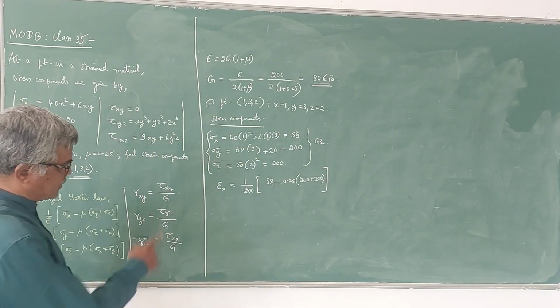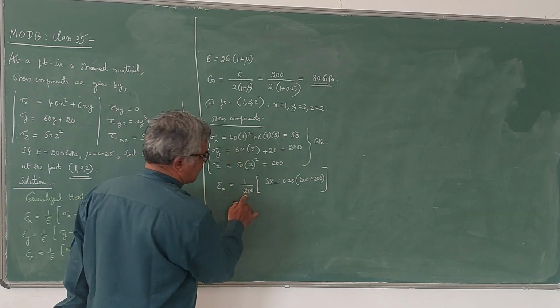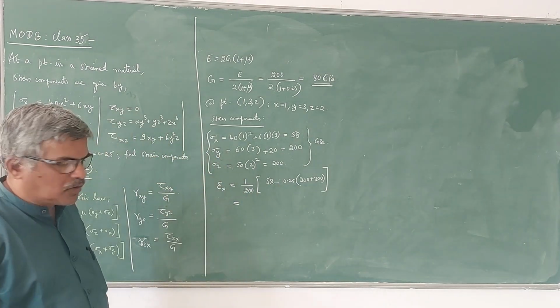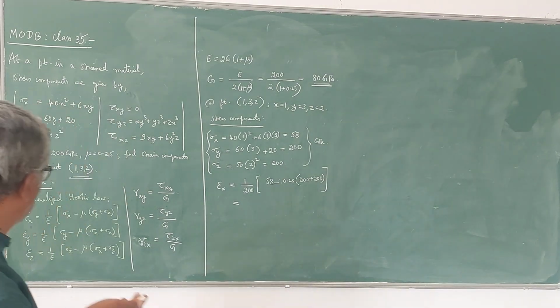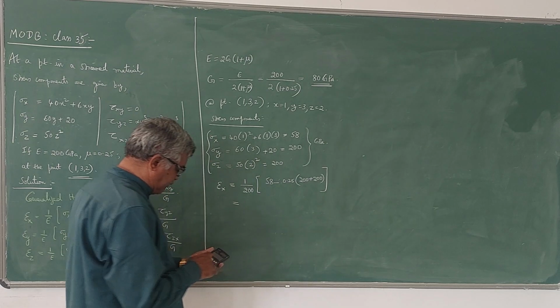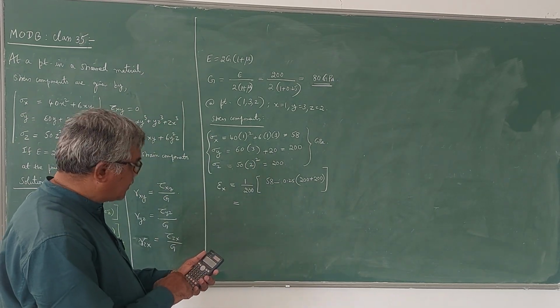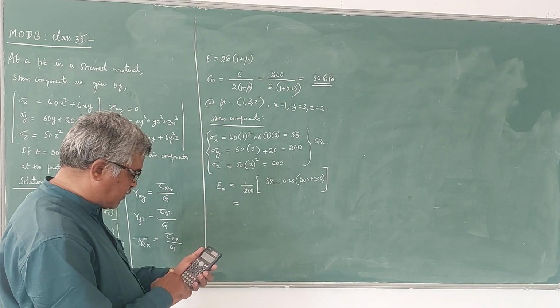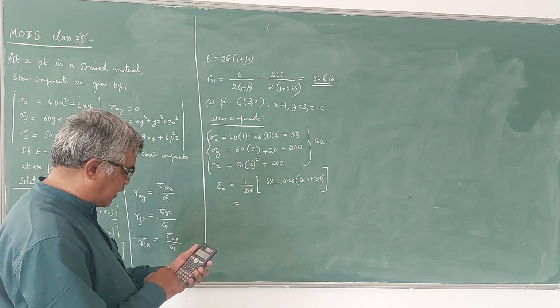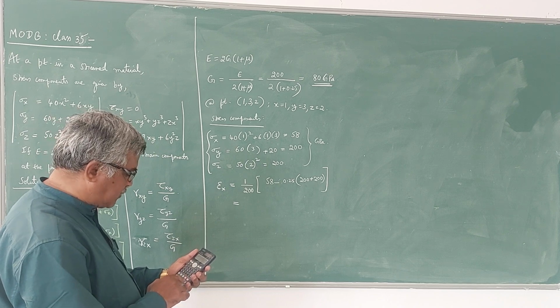Now epsilon x is this. Since the numerator is in GPa and the denominator is also in GPa, it gets cancelled and strain has no units. Now let us simplify this. 58 minus 0.25 into 400, which is 100, divided by 200.